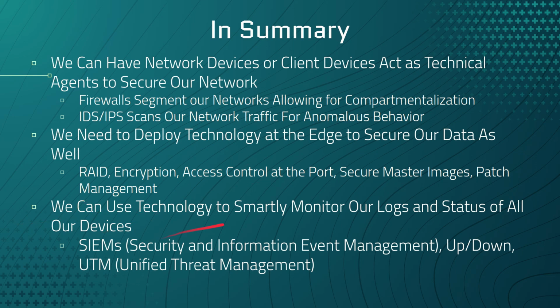We can use technology to smartly monitor our logs and status of all our devices. So we can use SIEMs, up-down servers, or UTMs, Unified Threat Management servers, to keep an eye on our network, monitoring it, which is tough. That's actually the tougher part. It's easy to build a secure network. Monitoring it and maintaining it is the tough part, which we'll talk about again in lesson 2, part 2.